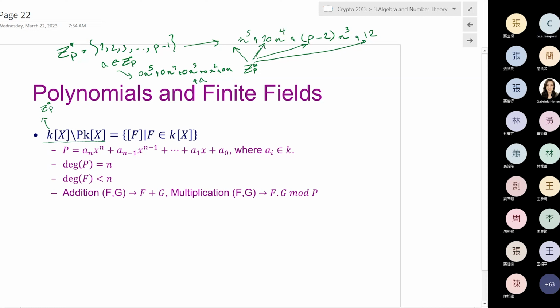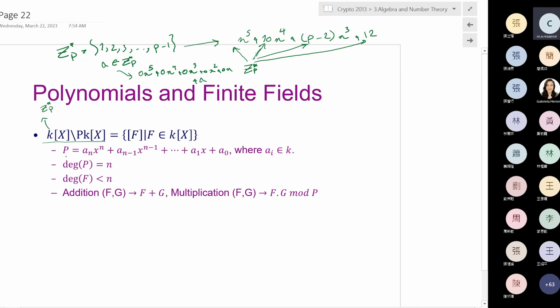And then X is saying that when we are writing our polynomials, our variable is going to be X. Sometimes use Y, that doesn't really matter. And then this notation over here is saying that we have an irreducible polynomial whose coefficients are from K, and then the variables are coming from X. You can imagine that when we are talking about the Z star p, we have some p over here, and p was an integer, but now this p itself is another polynomial.